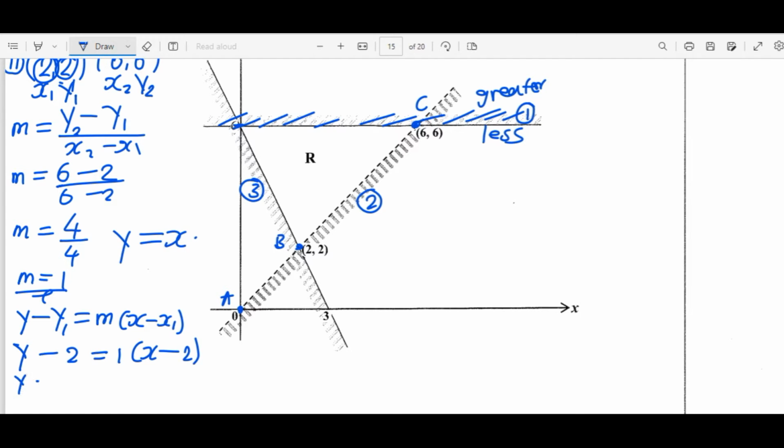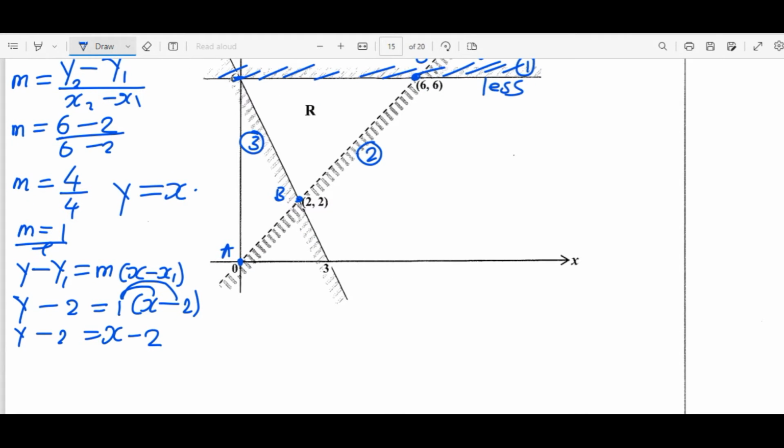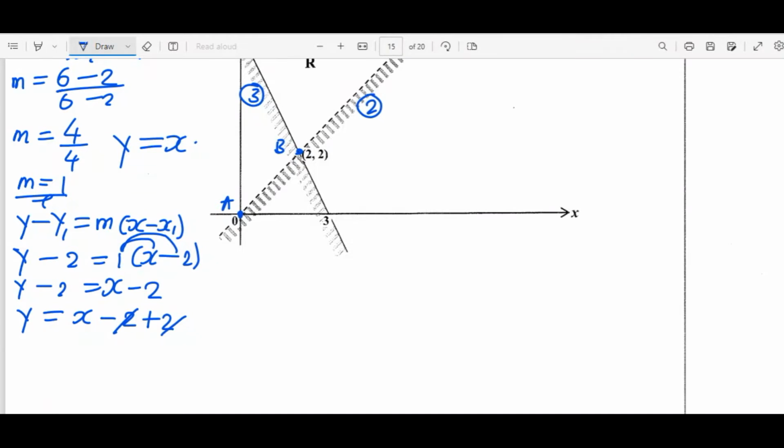If we expand, 1 multiplied by x is just x, 1 times negative 2 will give us negative 2. Now let's shift the negative 2 from the left side to the right side, so we have y is equal to x minus 2. This will change to plus 2, so we can cancel this because 2 minus 2 is 0. That's why I said this will give you an equation like this one.